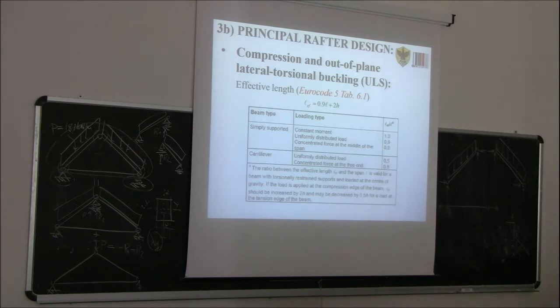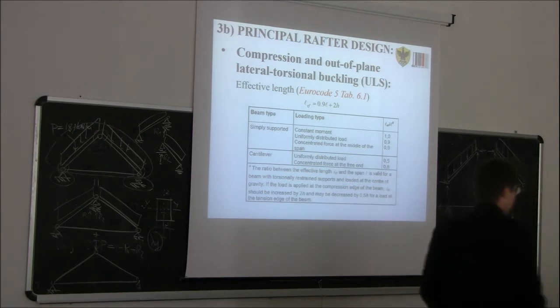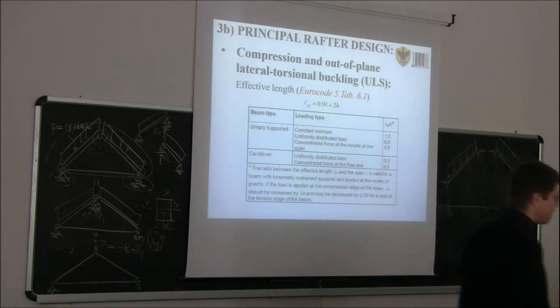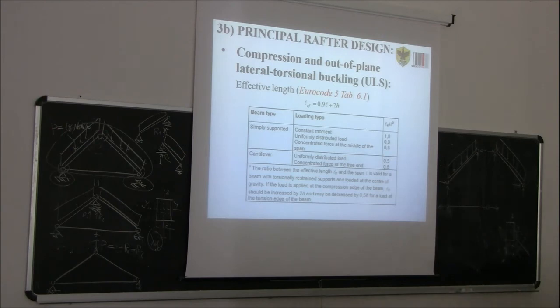So we need again to check what is the effective length for lateral torsional buckling. Now I ask you, in your opinion, for a structure like this, what is the value of the effective length to consider? We are checking this member, which is also the other one, of course.